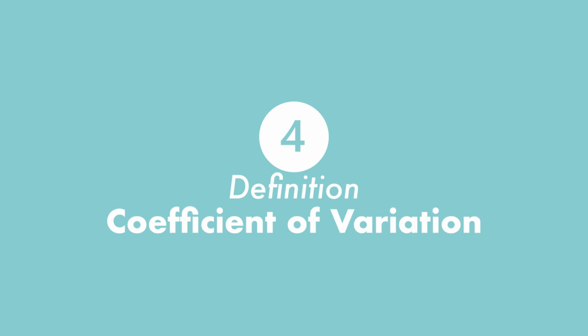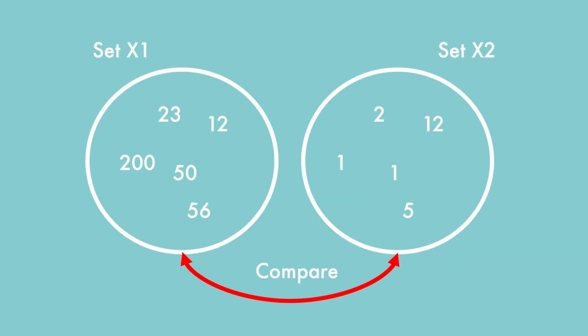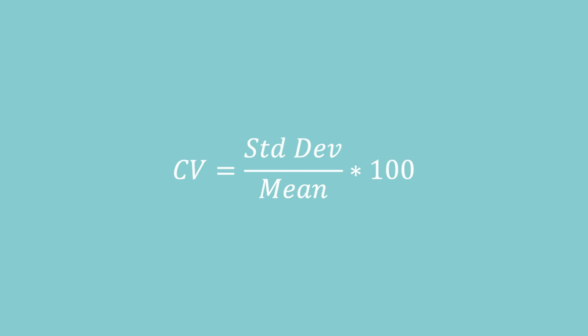Let us now talk about the relative measure of sample variability, the coefficient of variation. This measure is useful for comparing the spread of data around the mean when we deal with different samples. The coefficient of variation is equal to the standard deviation divided by the mean multiplied by 100.